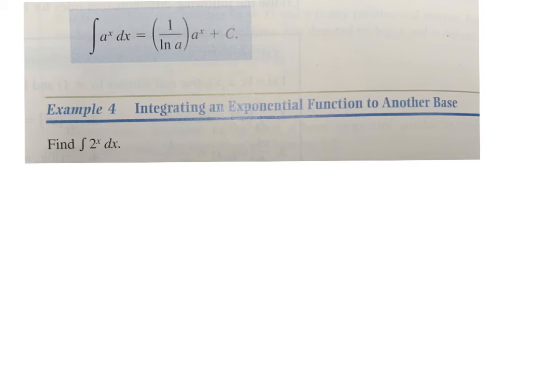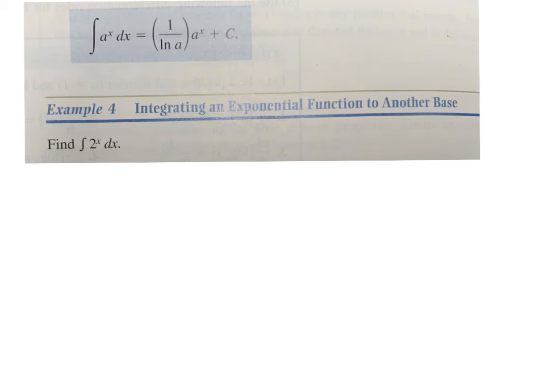All right, when we're integrating bases other than e, remember if I integrate e to the x, it's just e to the x, right? So derivative of e to the x is e to the x. Antiderivative of e to the x is e to the x. So a to the x, or any other base to the x, is also going to be that base to the x, but I have to consider my natural log of the base.